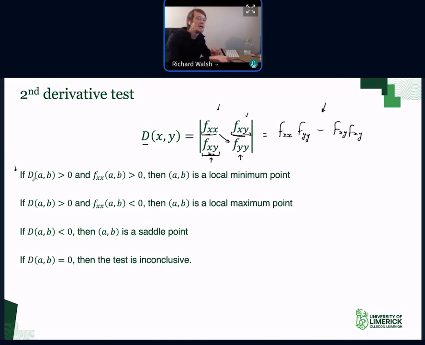So if the determinant is greater than 0, and the second partial derivative with respect to x at the point is greater than 0, then the point we're testing is a local minimum. Do you know what? We'll just actually start, and I'll come back to these as we go through it.